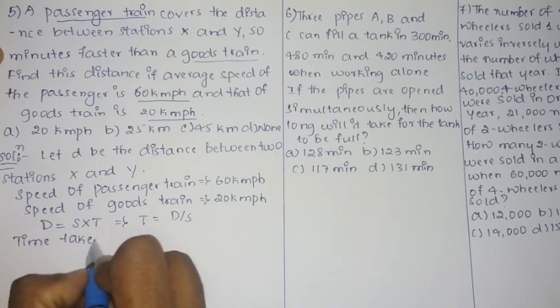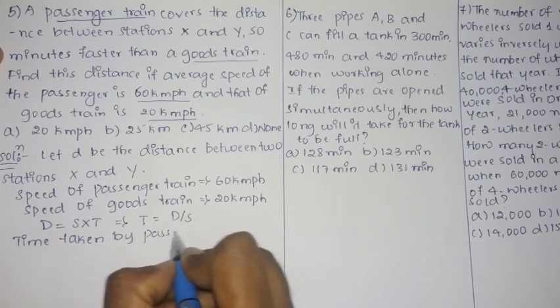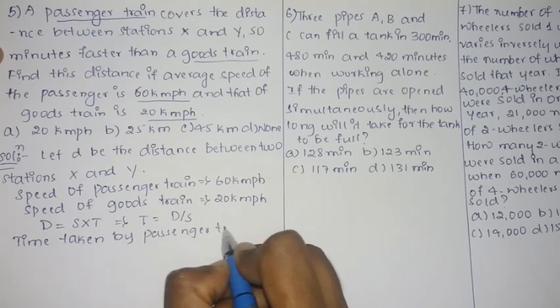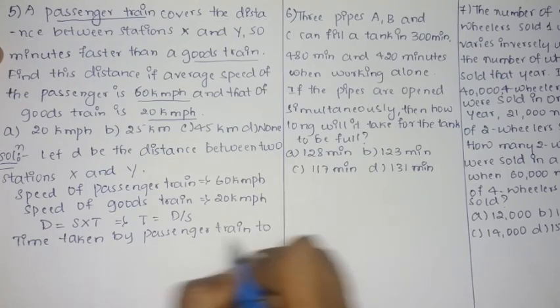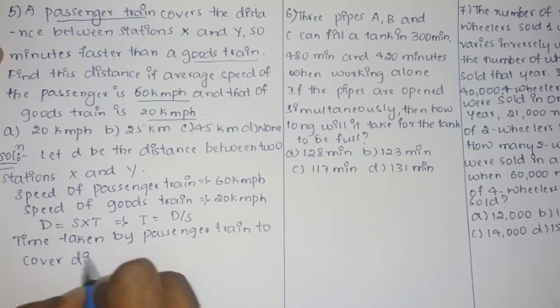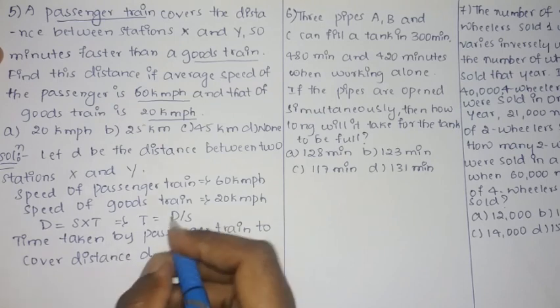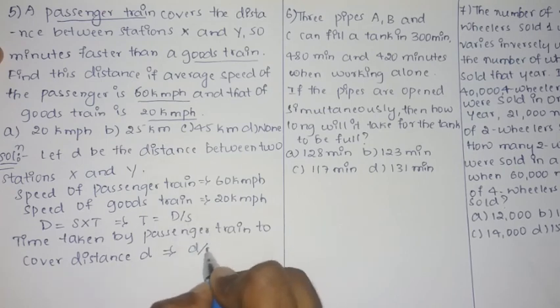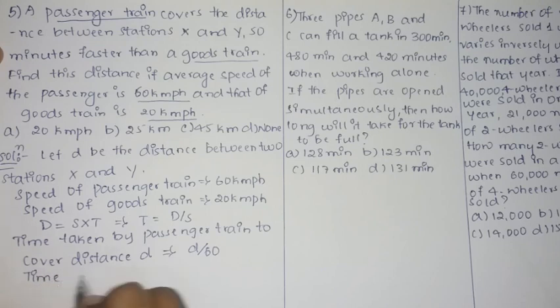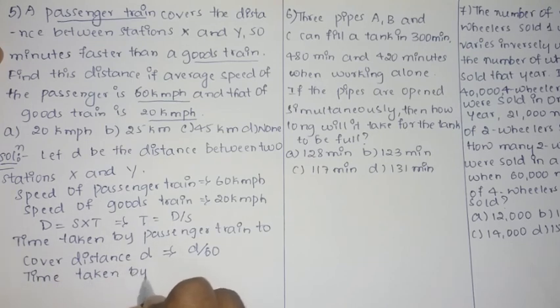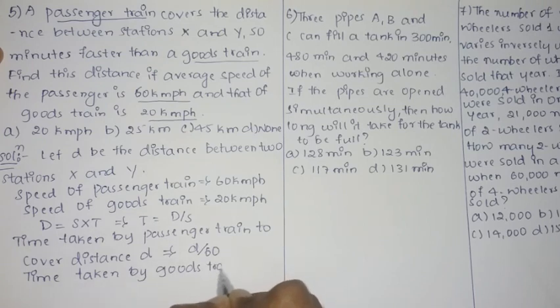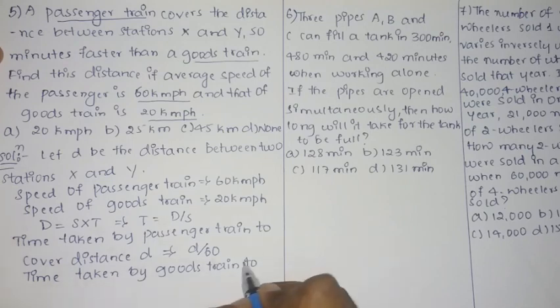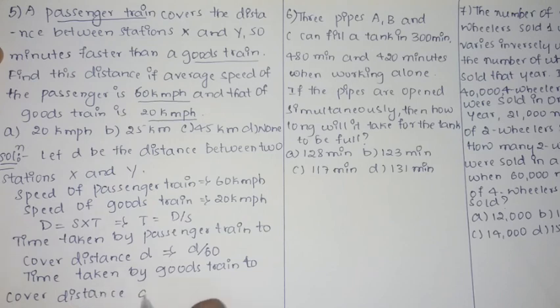So the time taken by the passenger train to cover the distance d is given by distance divided by speed, that is d divided by 60. Similarly, the time taken by the goods train to cover the distance d is given by d divided by 20, because the speed of the goods train is 20.